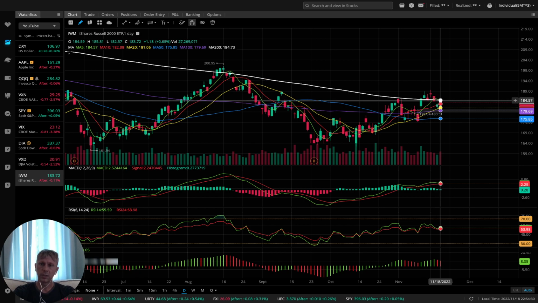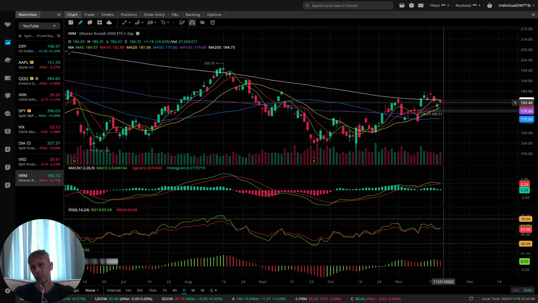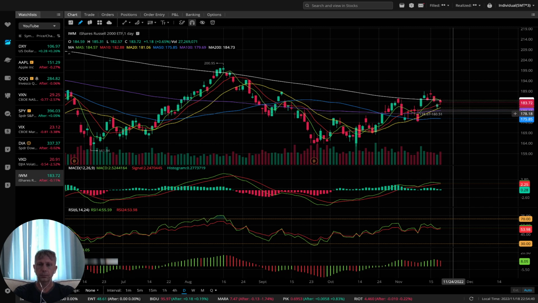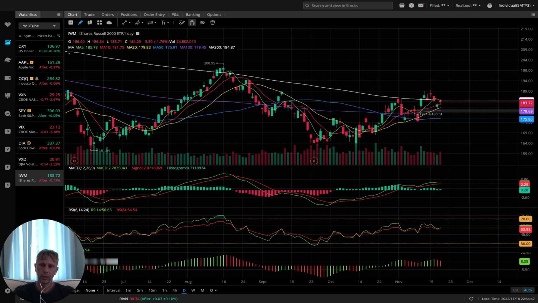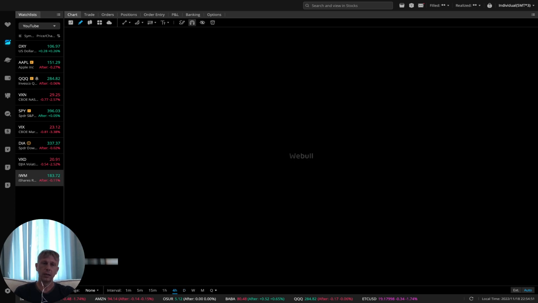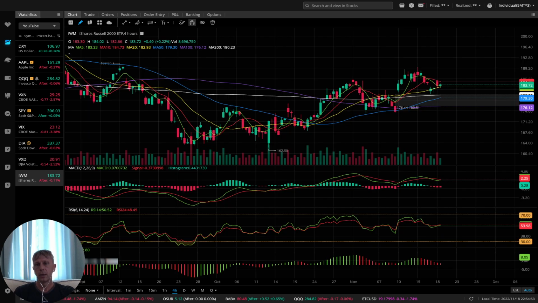It touched MA200, and it looks like strong resistance. It wants to go down, close this gap, ready to go bearish. MACD is ready to do a bearish crossover, with a bearish signal on awesome oscillator, on the daily for IWM.